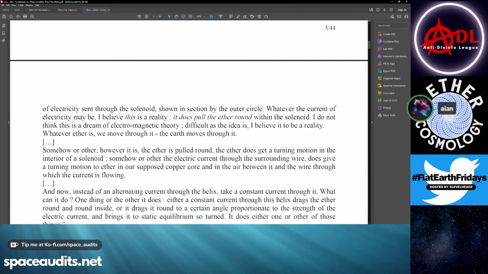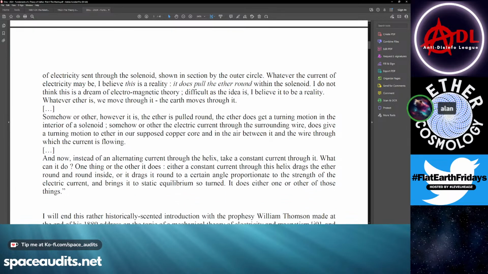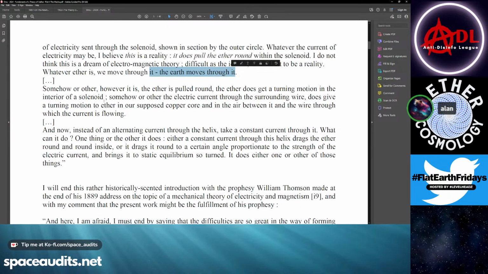Electricity sent through the solenoid shown in section by the outer circle. Whatever the current of electricity may be, I believe this is a reality. It does not pull the ether around within the solenoid. I do not think this is a dream of electromagnetic theory. Difficult as the idea is, I believe it to be a reality. Whatever the ether is, we move through it, the earth moves through it.